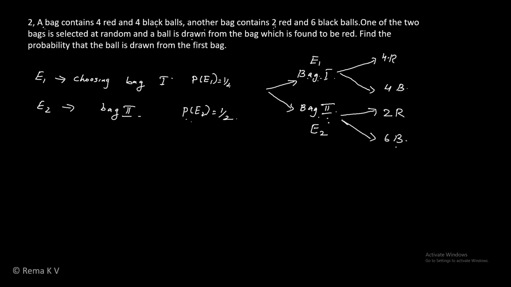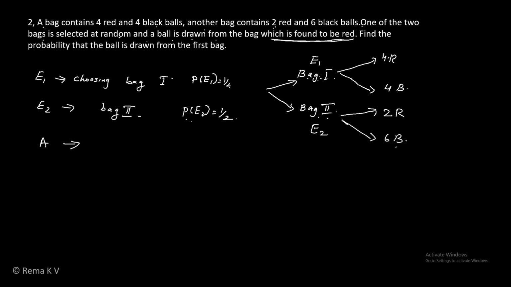Now we have to identify what is A. What is the event A? See the second part of this. One of the 2 bags is selected at random and a ball is drawn from the bag. So the first part is choosing a bag. Then a ball is drawn at random from the bag, and which is found to be red. It is a given condition.